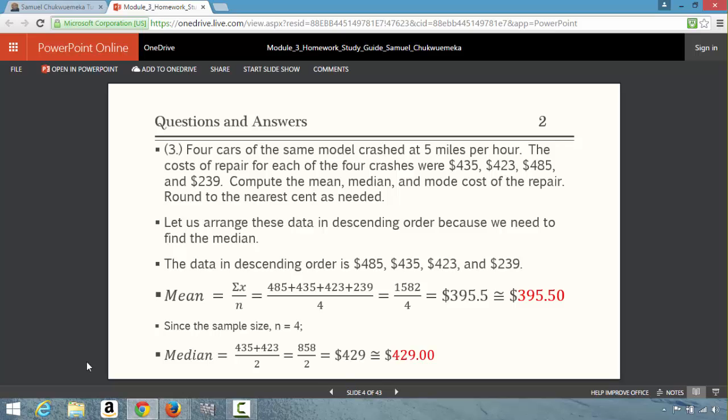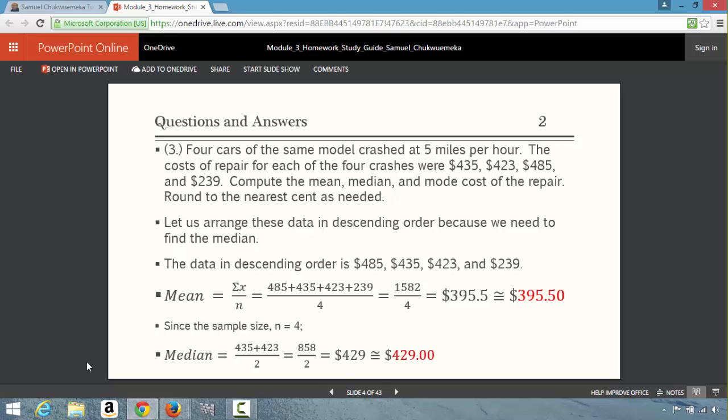Question 3. 4 cars of the same model crashed at 5 miles per hour. The cost of repair for each of the 4 crashes were $435, $423, $485, and $239. Compute the mean, median, and mode cost of the repair. We say that the measures of center include the mean, median, mode, and mid-range.